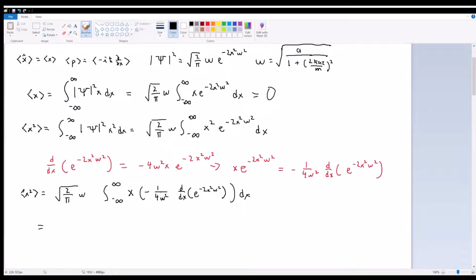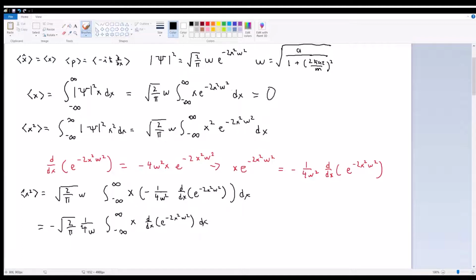Then we move all the constants out, and what we have left is negative square root of 2 over pi times 1 over 4 omega, and then we have our integral from negative infinity to infinity of x times d by dx of e to the negative 2x squared omega squared dx.